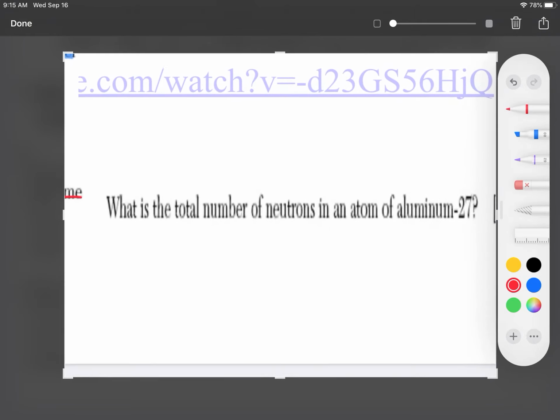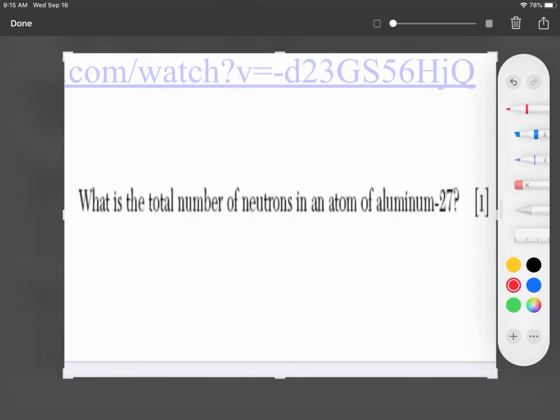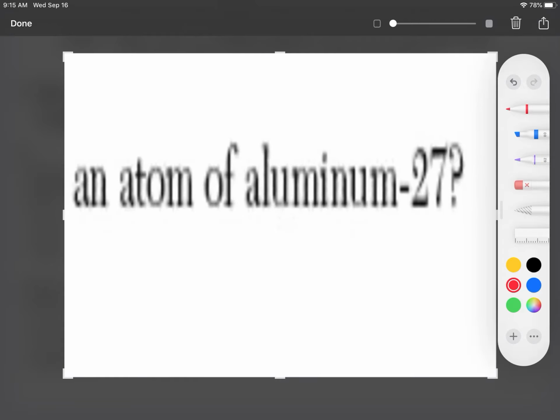Okay, let's move on to the next one here, please. What is the total number of neutrons in an atom of aluminum 27? Well, we learned that when it says 27, that is the mass that's given to you. That's the mass you use, 27. Now, you need to go to your periodic table. So hit pause, go to your periodic table, look at the atomic number of aluminum.